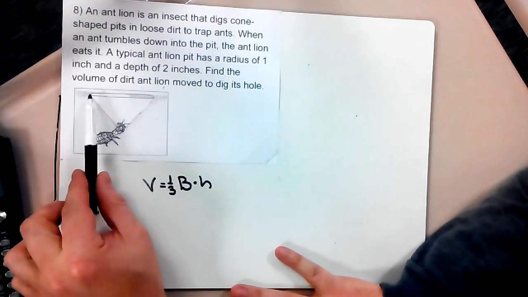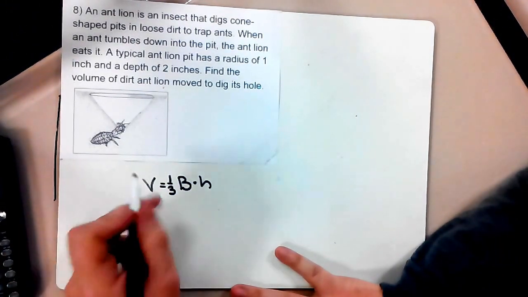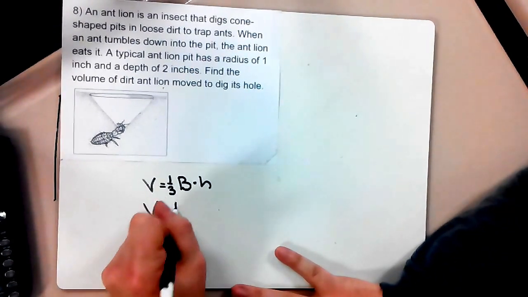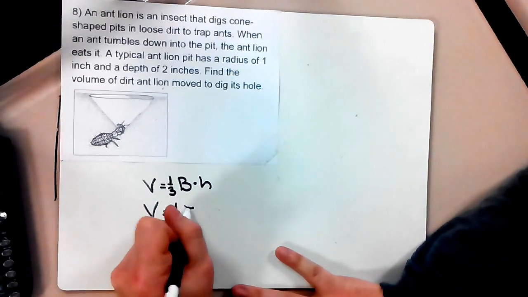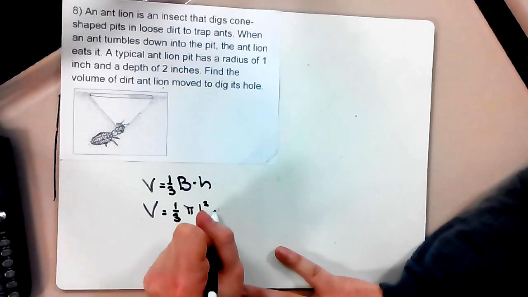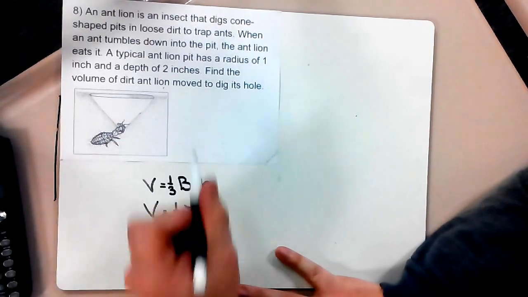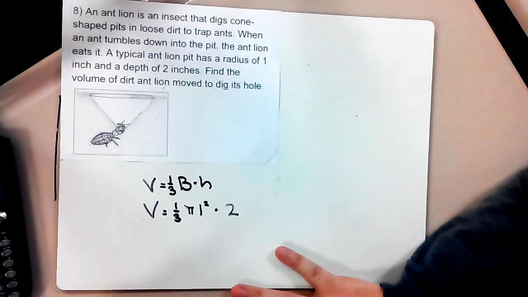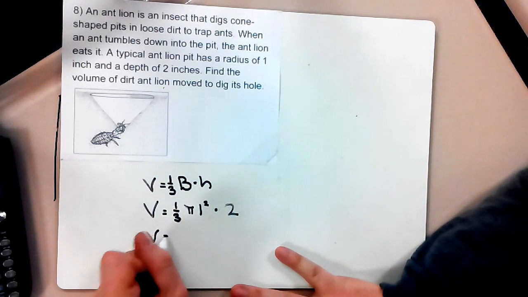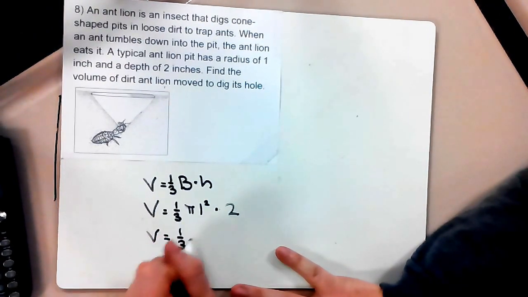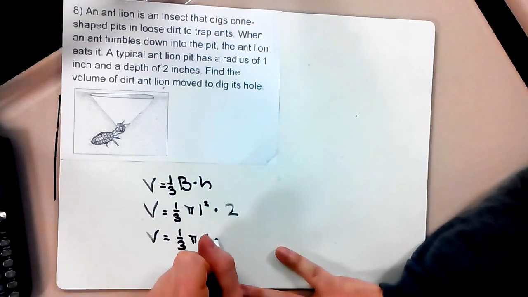That's how we're going to find the area of the base. This is pi r squared. V equals 1/3 pi 1 squared times 2. 1 squared is 1. V equals 1/3 pi times 1 times 2.